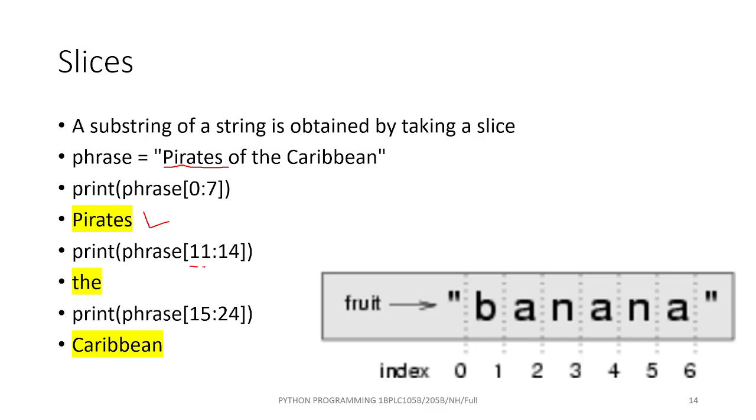Now I'm going to extract 11 to 14. The 11th character is THE. Note that in 11 to 14, the 7 is not included, it goes till 6. 14 is not included, till 13. 24 is not included, till 23. The starting character is included and the last index is excluded.